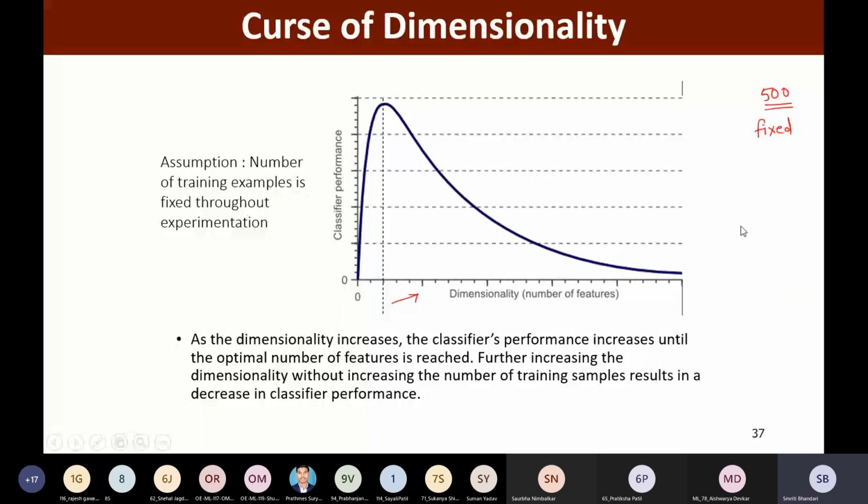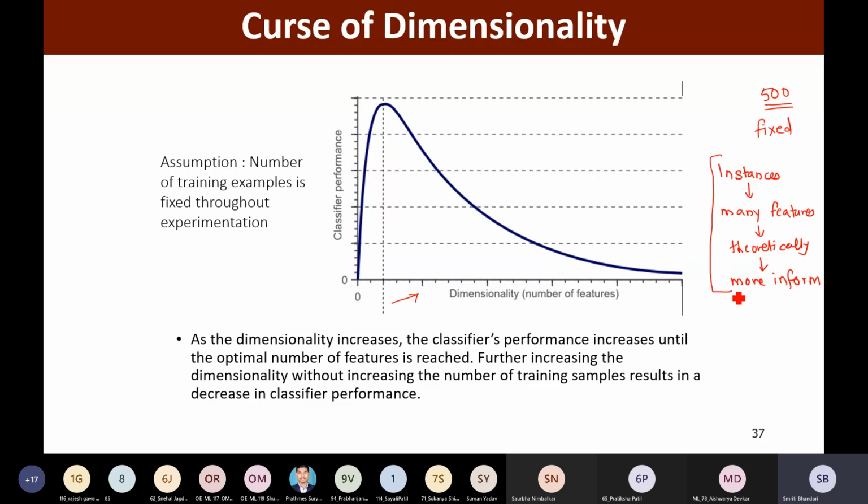In fact, theoretically, what we are expecting is if the instances in my training data set are described with many features, then theoretically what we understand is we are storing more information about the instance, right?